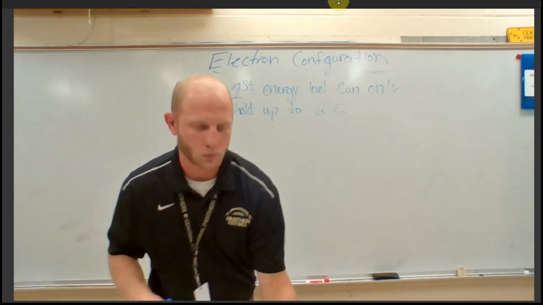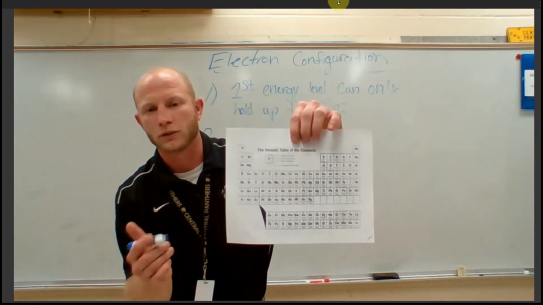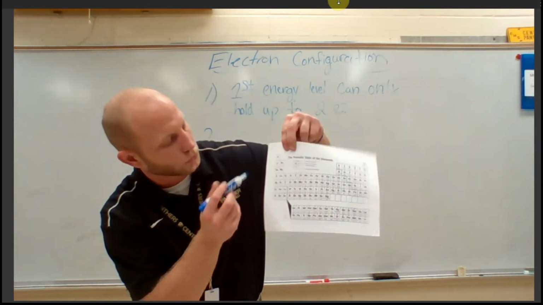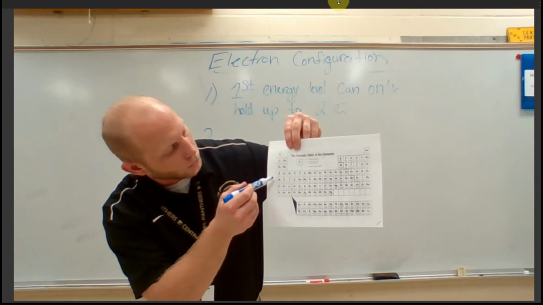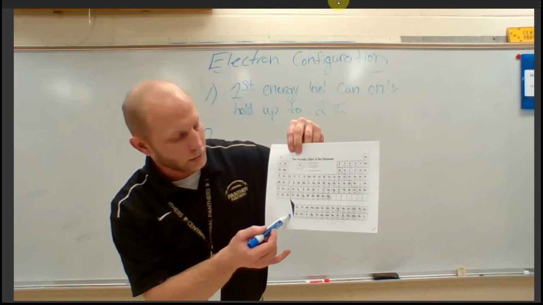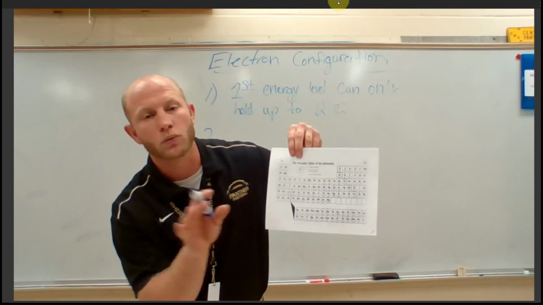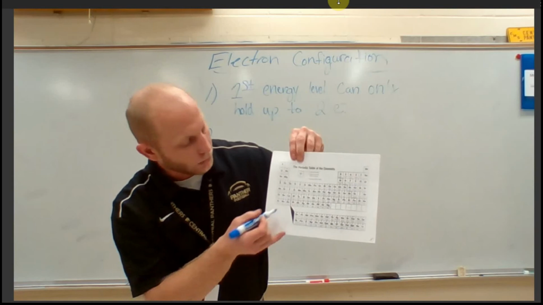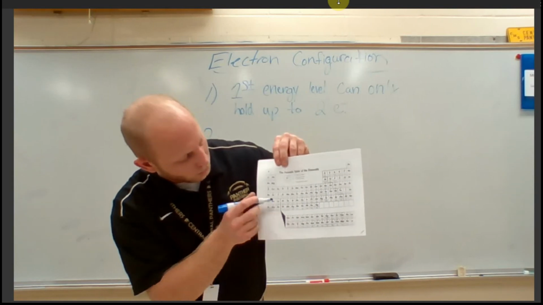And how can you remember this? Why 7 energy levels? Well, the periodic table was made this way for a reason. So if I actually count the rows, okay, I go 1, 2, 3, 4, 5, 6, 7 rows. And then you guys are going to say, well, what's this little block down here? This is the lanthanide and actinide series. We will talk about those guys later. Anyways, you see this little black arrow? The lanthanide and actinide series actually goes up here.